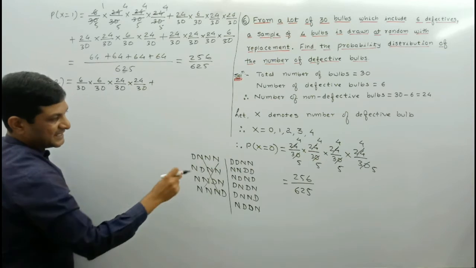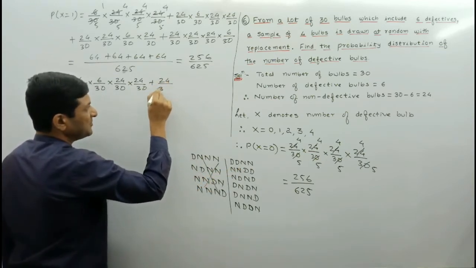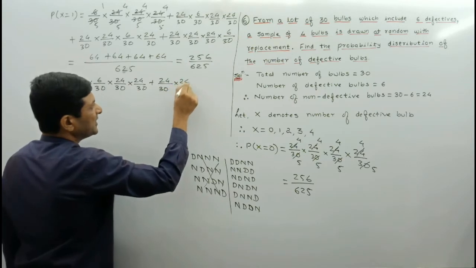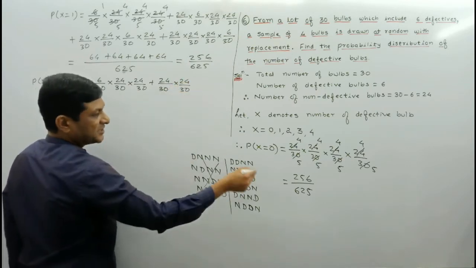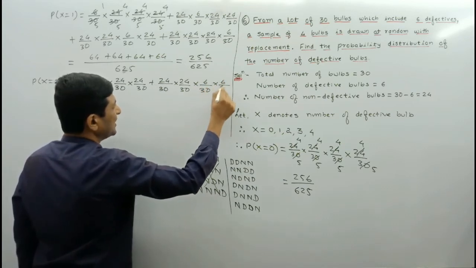Now observe the second case, non-defective means 24 upon 30 into 24 upon 30, then defective means 6 upon 30 into 6 upon 30.